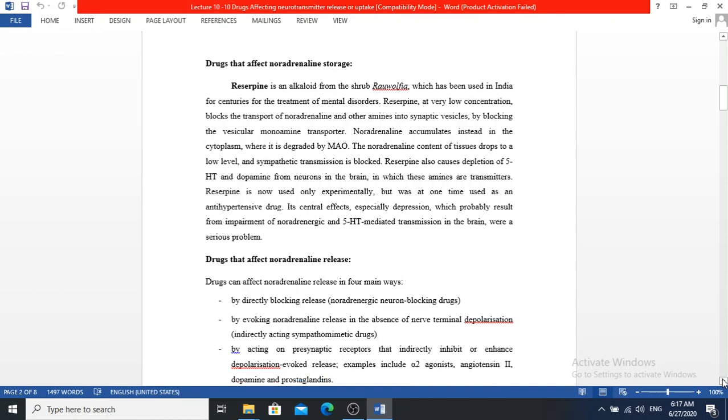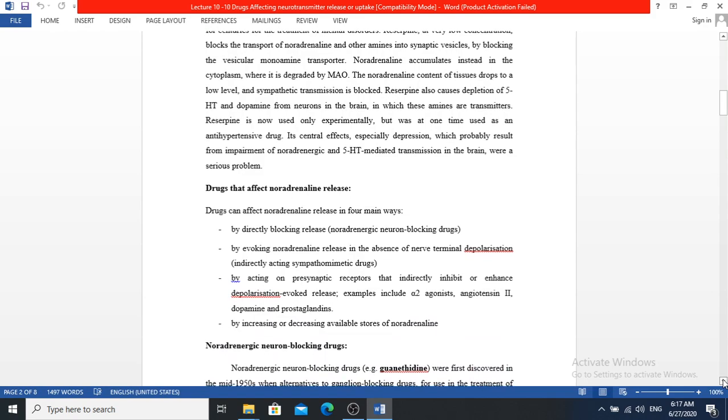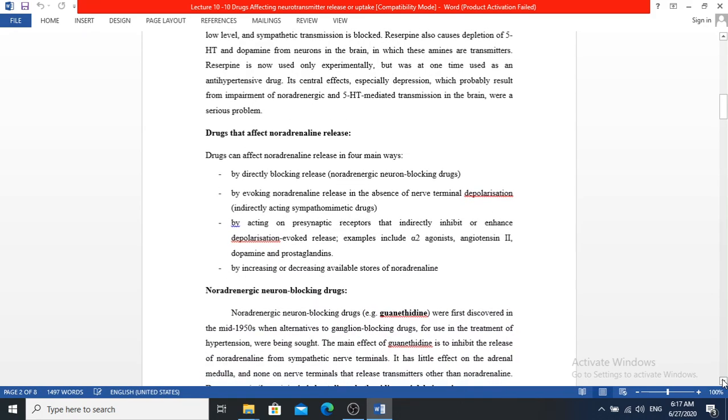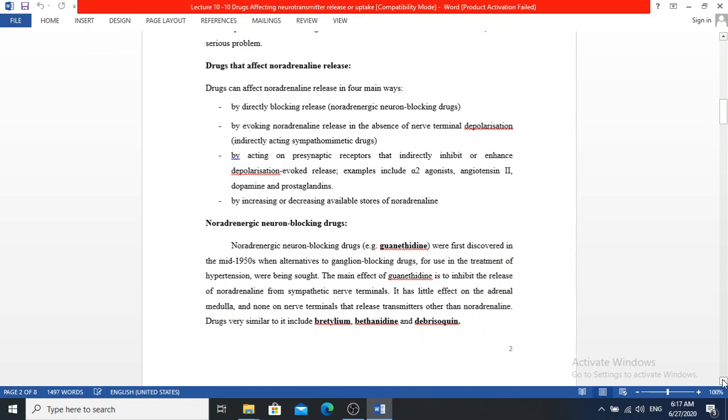Drugs that affect noradrenaline release act by different methods.